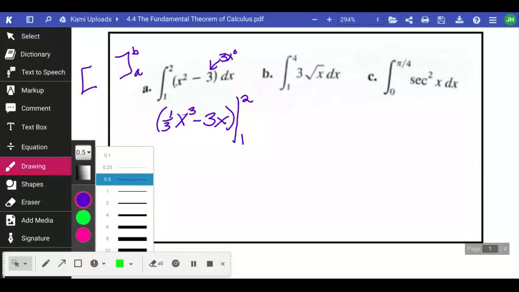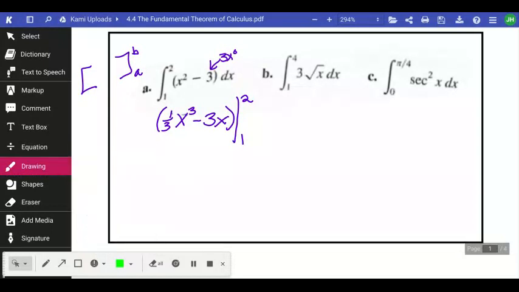Those are interchangeable. Now, what that means is I will plug in my top number minus plug in my bottom number. So I will do 1/3, plug in 2 cubed minus 3 times 2. I'm going to put that whole thing in parentheses, minus plug in 1.